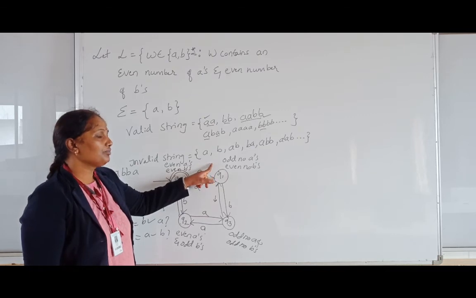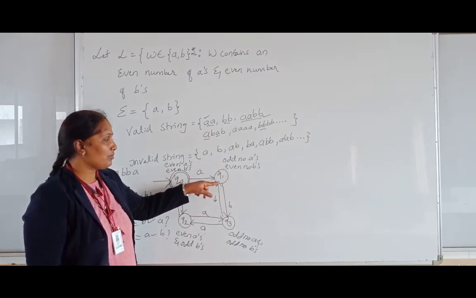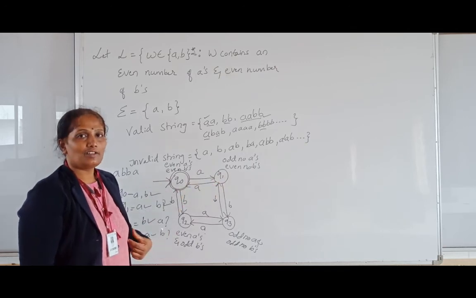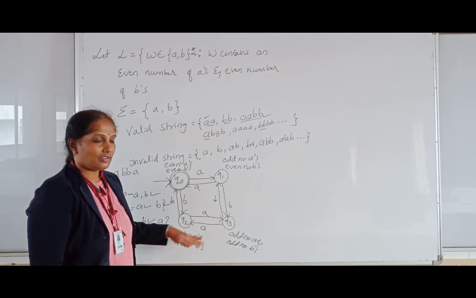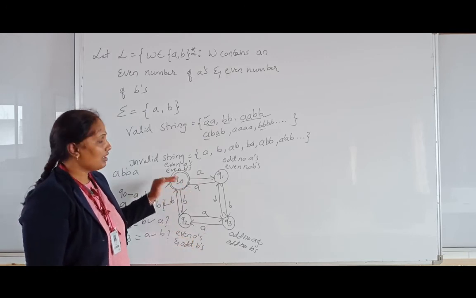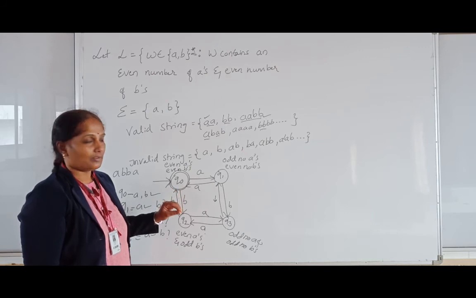When they ask you to find the DFSM which accepts odd number of A's and even number of B's, then you are going to make Q1 the final state, and so on. So once you understand this DFSM, this is a solution for 3 more languages.